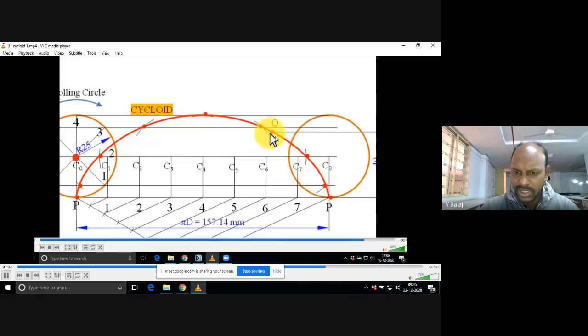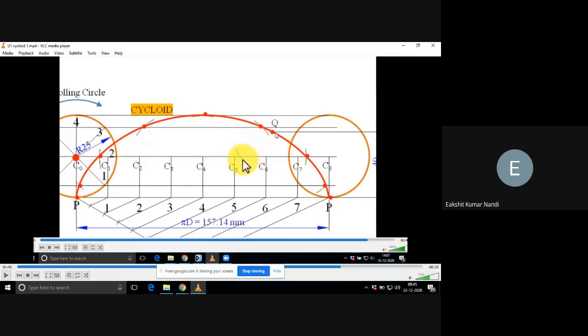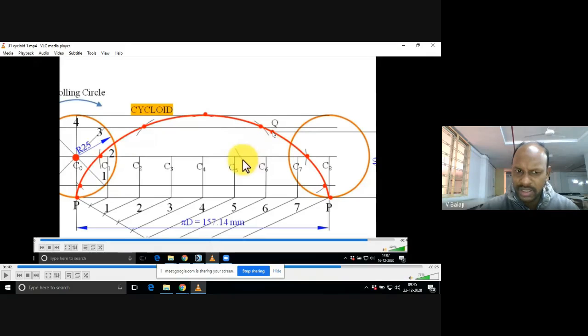After getting that point, take your compass again with 25 radius and cut the center line. I am showing you one arc here on the center line passing through 2, 6. This is the center line. With Q as center, which is a point right on the curve, 25 radius, cut the center line somewhere here.